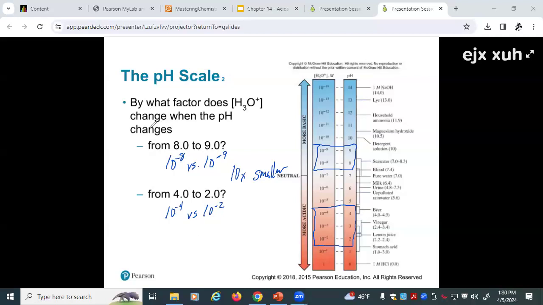We are 2 factors of 10 different. So that's 10 times 10. So 10 times 10 is 100. And this time it's larger because our exponent is less negative.